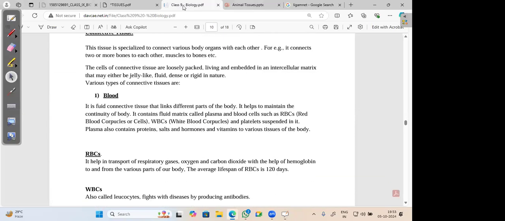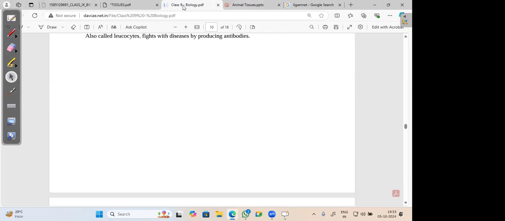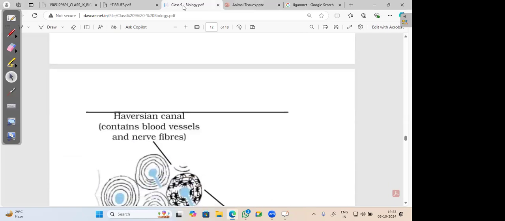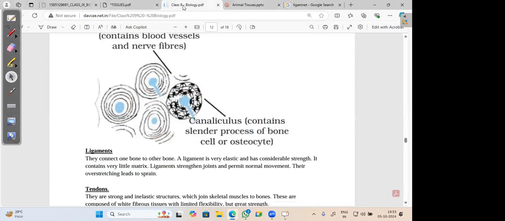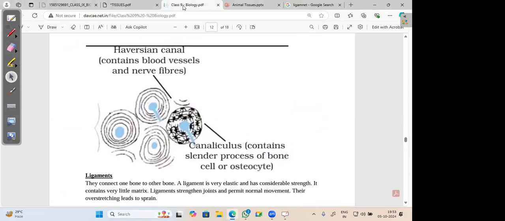Now in the bone tissue, we have studied about, just one minute, we'll see some more about the connective tissue: blood, platelets, bone. Yeah. So see, this is the structure of a bone. How does a bone look?